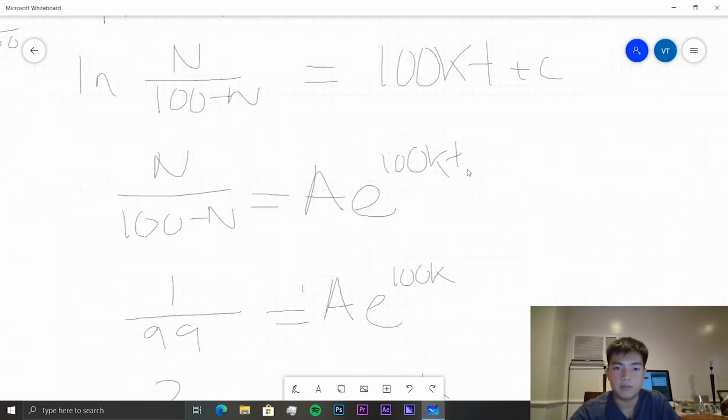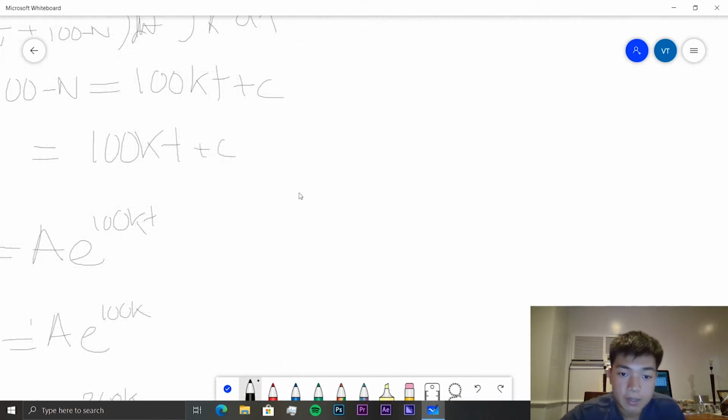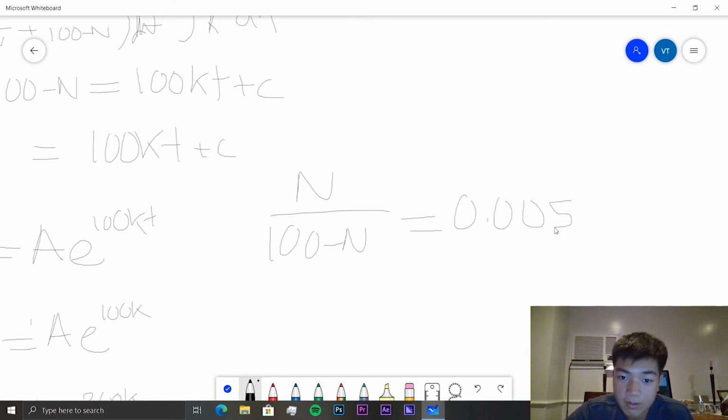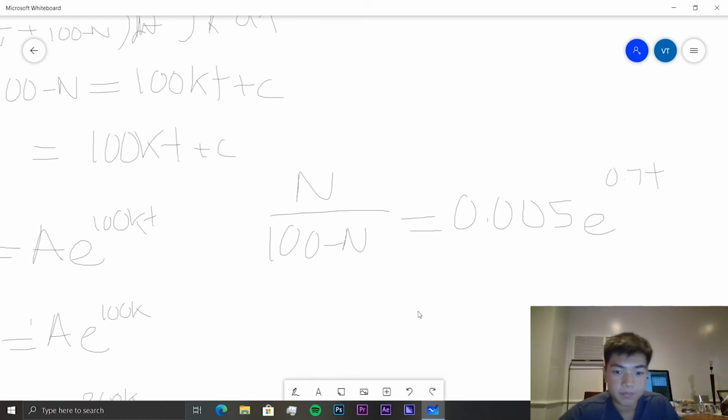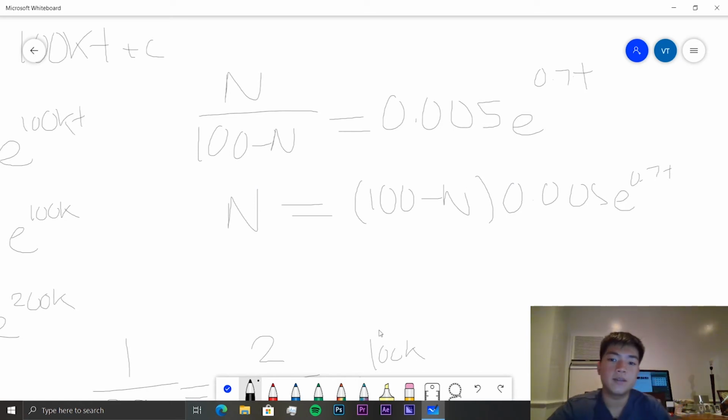Solve the differential equation as well. So we know that n over 100 minus n is equal to 0.005 times e to the 100 times k, which is 0.007, so e to the 0.7t. So we have n equal to 100 minus n times 0.005 e to the 0.7t.